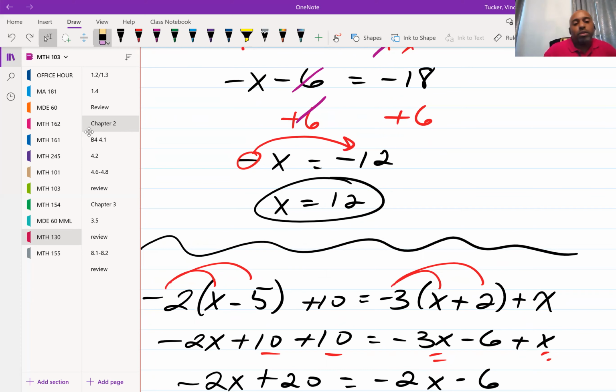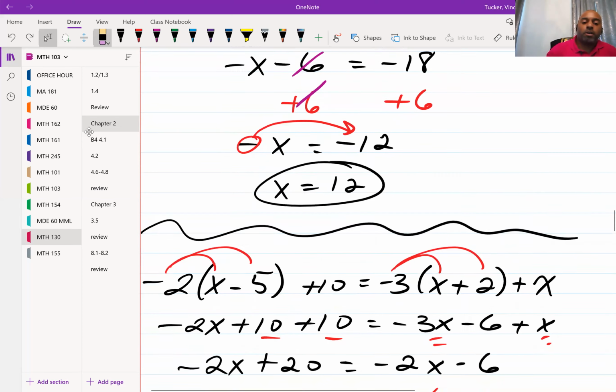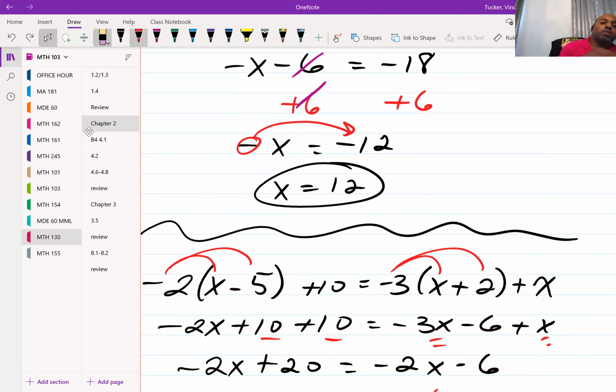Distributing the negative 2 gives us negative 2x plus 10 equal to negative 3x minus 6 plus x. Combine your like terms. On the left, 10 plus 10 is 20. On the right, we have negative 3x and positive x, which would be negative 2x.